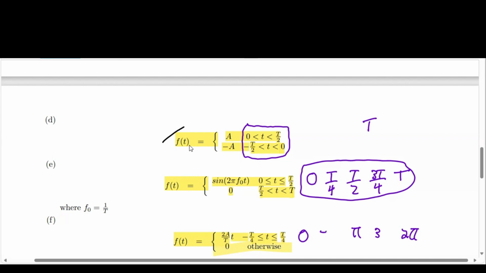And then you have your pi on 2, and you keep going because 90 by 4 is 360. So 0, pi on 2, pi, 3 pi on 2, which is like 270, and then 2 pi. Make sure you know these two forms. But all you really have to remember is that a period always ends at T.